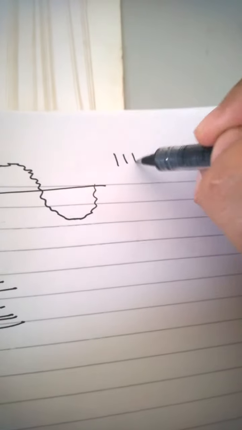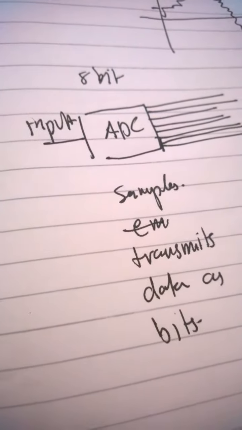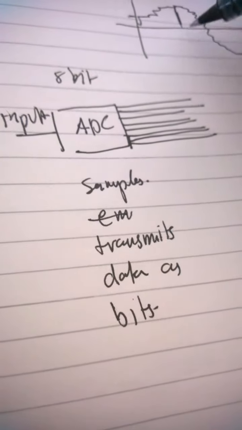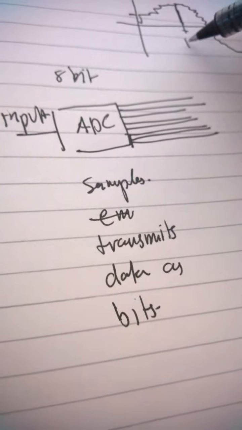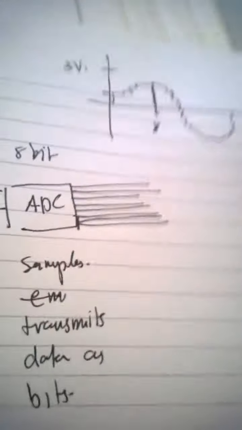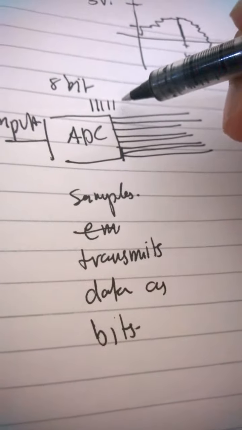The maximum value is going to have 8 bits, so 1, 1, 1, 1, 1, 1, 1, 1. So the ADC produces the bits. This takes place at, let's say, tx, at x seconds. At x seconds, the ADC is going to sample the signal and produce this binary number: 1, 1, 1, 1, 1, 1, 1, 1.